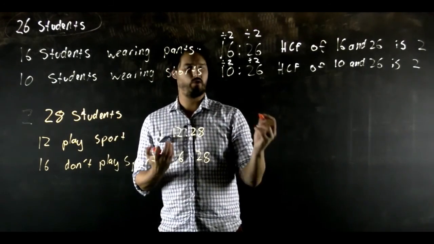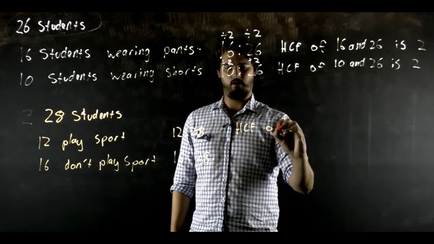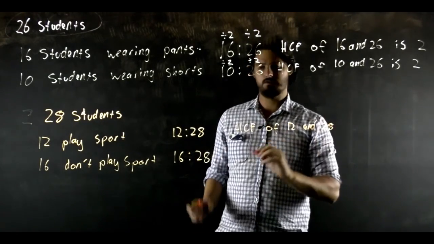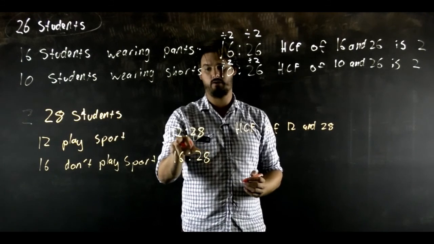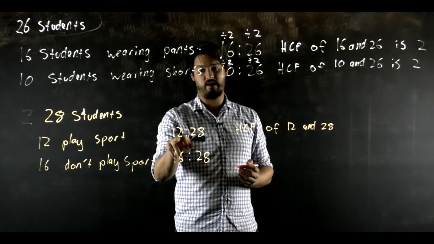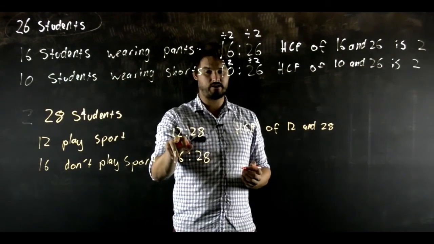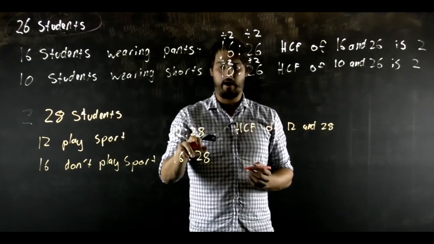Now we follow the same process, so we try to find the highest common factor of 12 and 28. We know again 2 is going to be a common factor because we have 2 even numbers. 3 is a factor of 12 but not of 28. 4 is a factor of 12 and also a factor of 28.